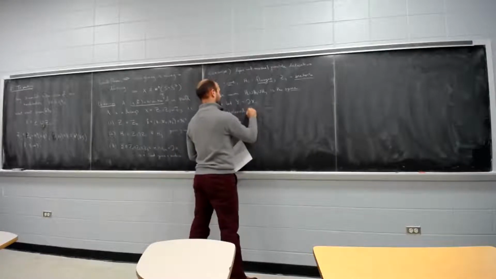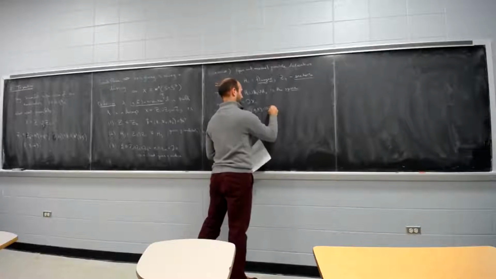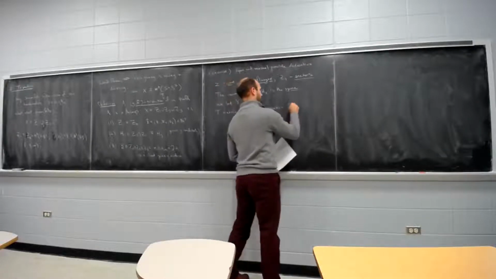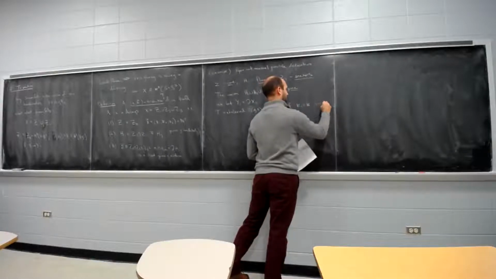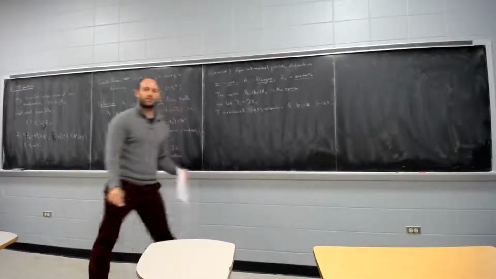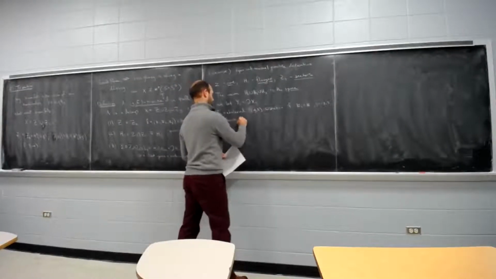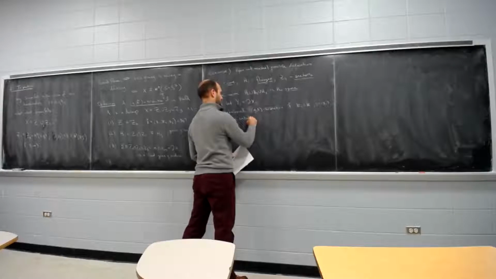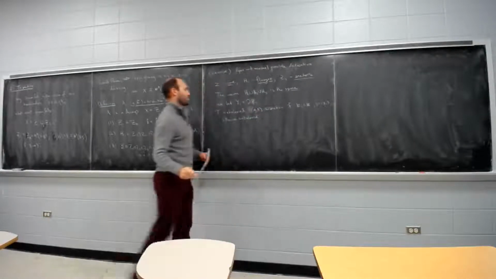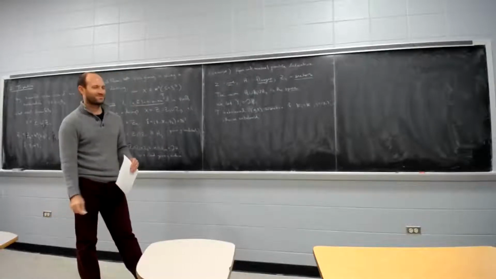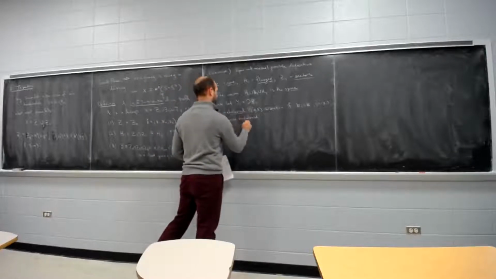T is a balanced (g,k) trisection if k_i equals k for all three. If all three of the parameters are the same, otherwise it's unbalanced. Balanced and unbalanced.